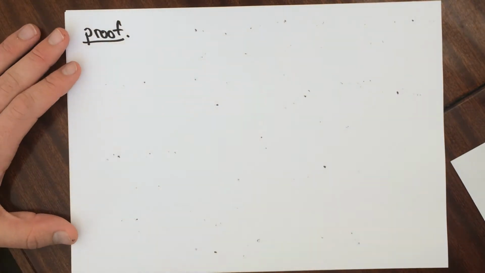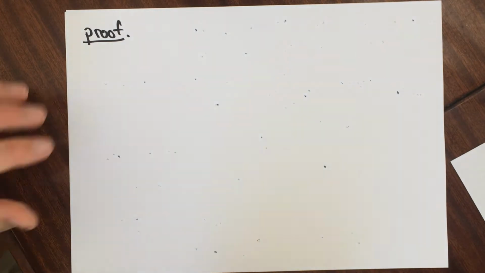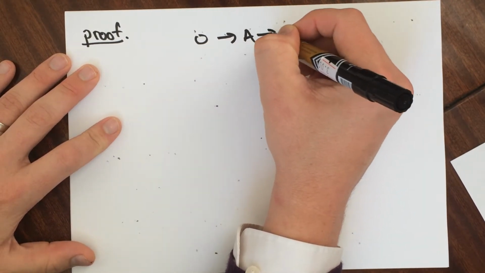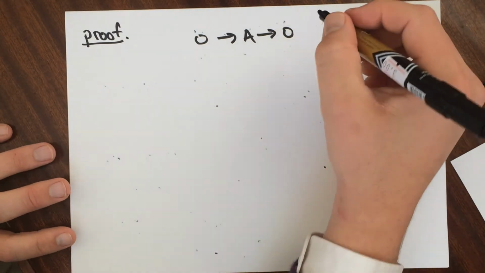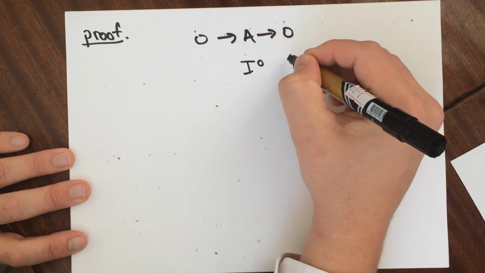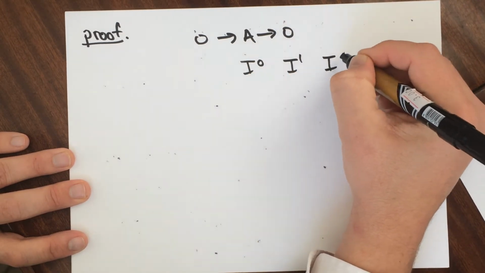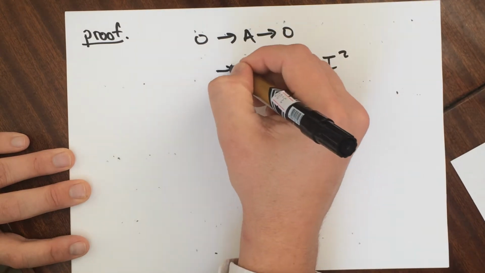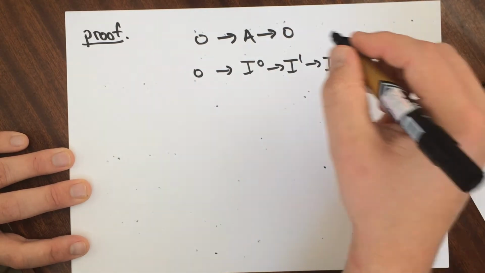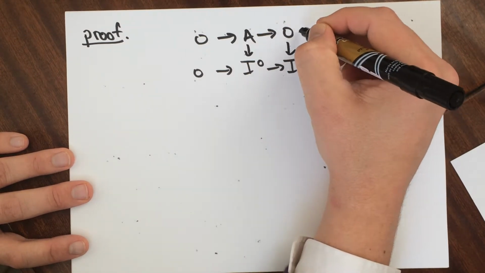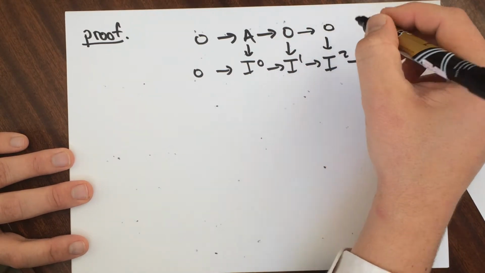We need to construct a map, and we need to show that they're quasi-isomorphic. As we said before, A is identified with its complex in degree 0. Now we have I0 here, I1, I2, etc., like so. We have this map here, and it goes on.